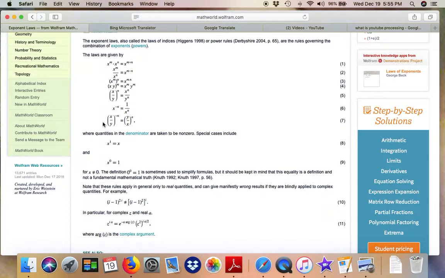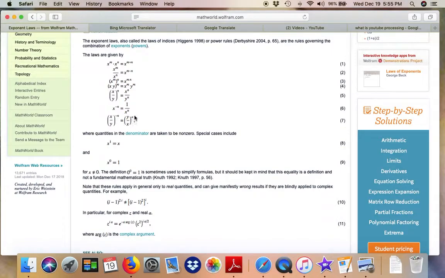Verdad? X over y to the negative n equals... Now this means it's the same thing. The y went up here and the x went down there, so they switched the numerator and denominator, and then the negative went away.